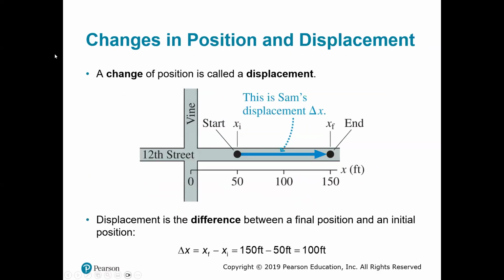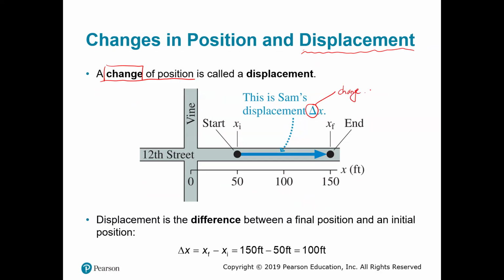And then this is a very important first concept of this course, which is displacement. Displacement is a change of position. Normally, whenever you see a change of something in physics, we use this delta symbol. This delta symbol always means a change.